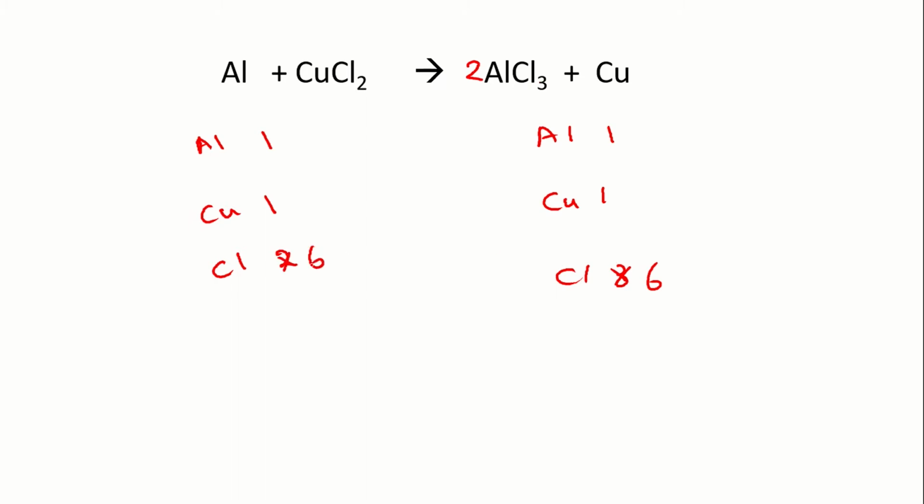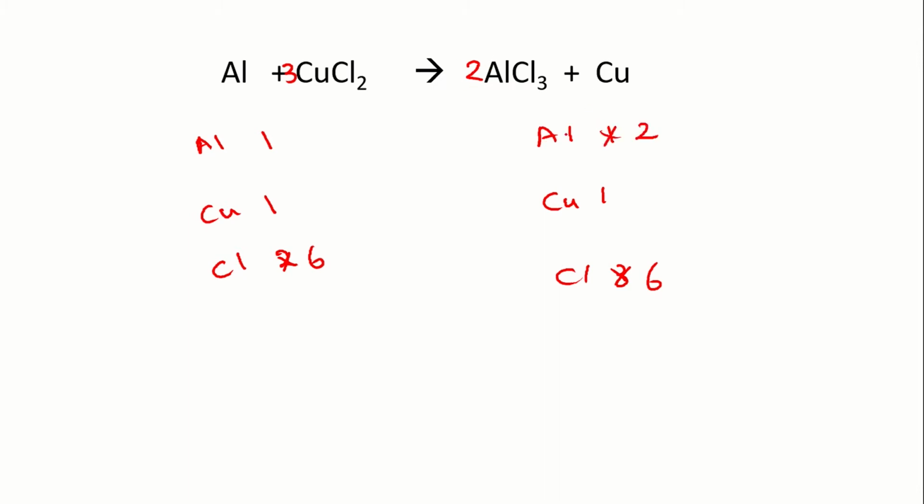Now you need the same number of chlorine atoms on the other side. So if you add the coefficient 3, 3 multiplied by 2, you get 6. Now your chlorines are balanced, but it is going to change the number of other atoms. Now this coefficient 2 is going to change the number of aluminum atoms.